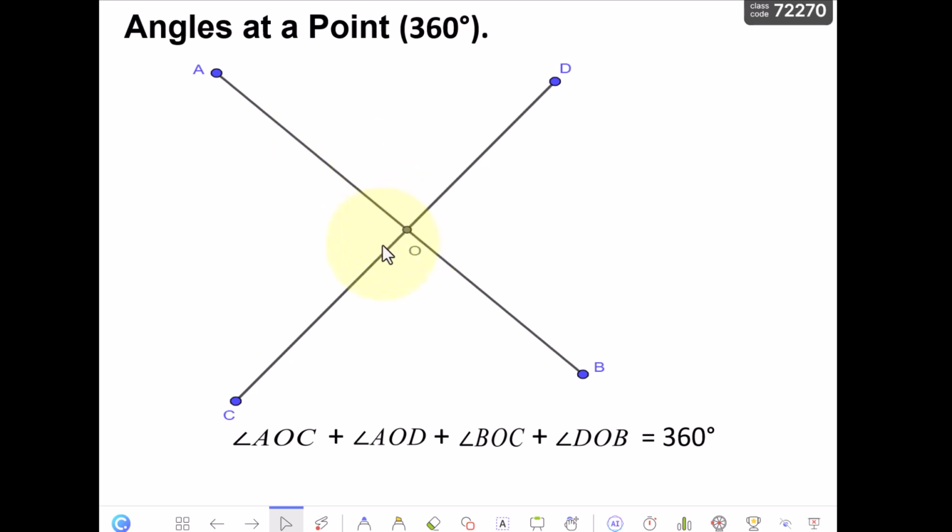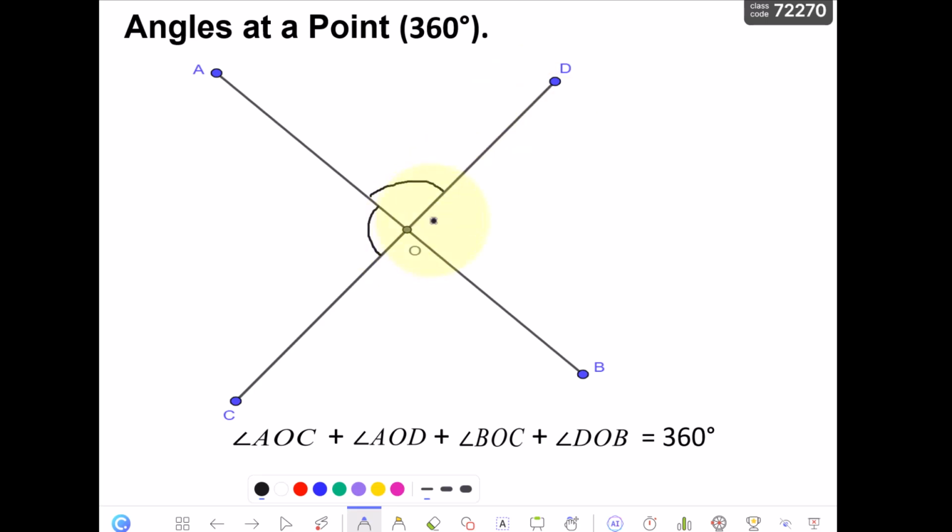So if you check all the angles, this is AOC. Let me be labeling them. If you measure AOC, you add it to AOD. This side is AOD.